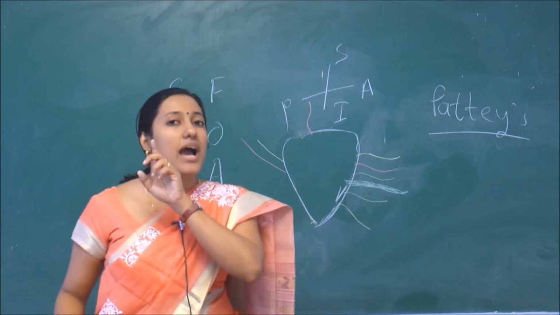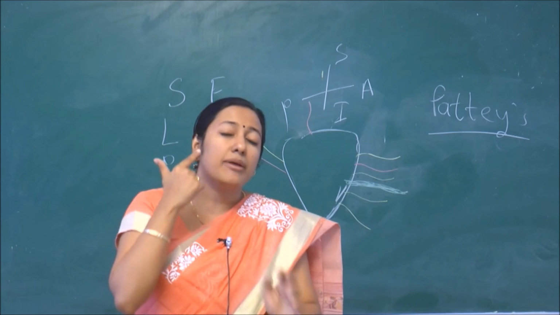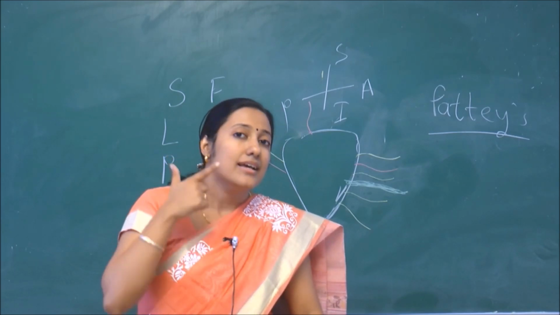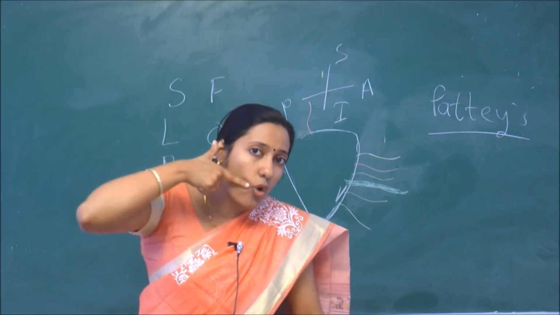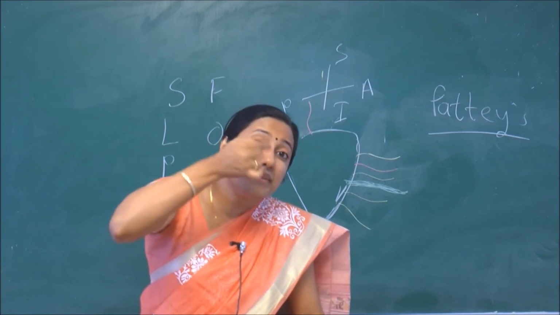So, it starts from the inner aspect of the gland, emerges from the anterior border, goes a little downwards and forwards along the masseter, and turns medially.